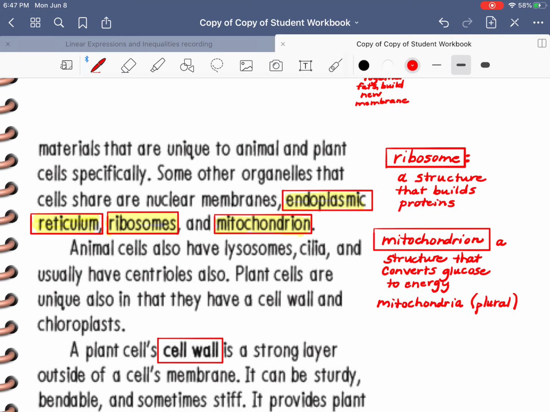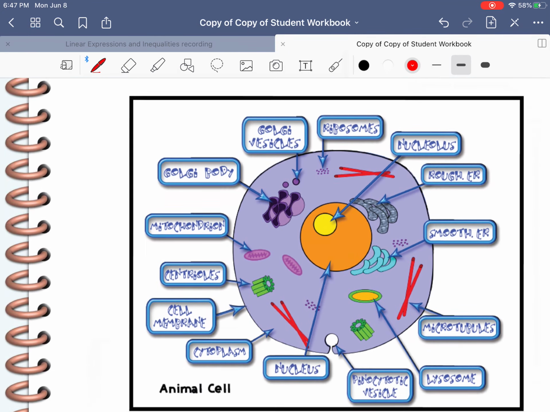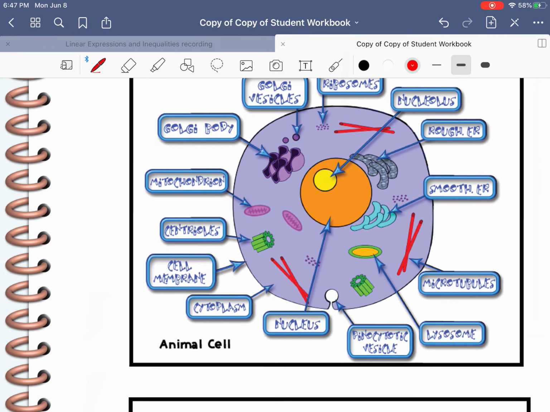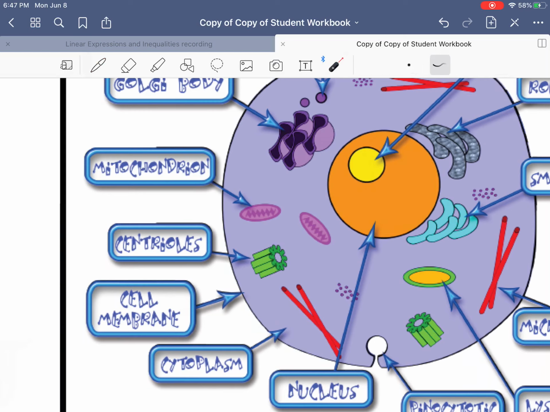My stuff is falling everywhere, so let's go back to our picture. And here's the animal cell. The mitochondrion is right here. One of those. That little zigzaggy thing usually indicates energy.